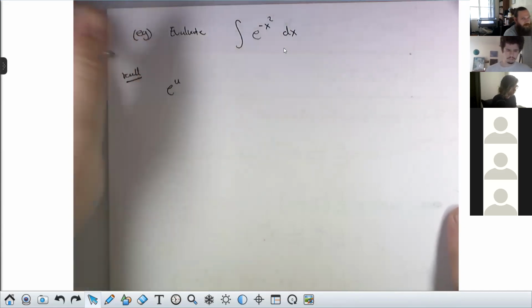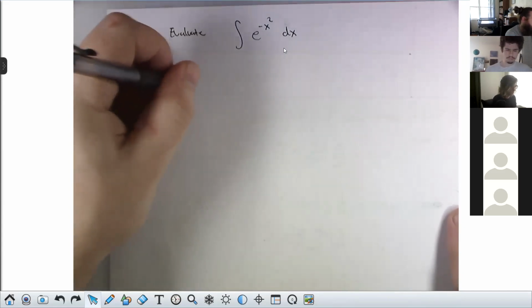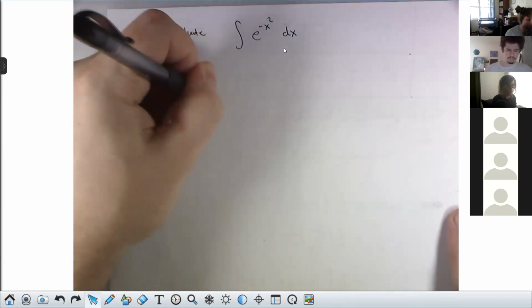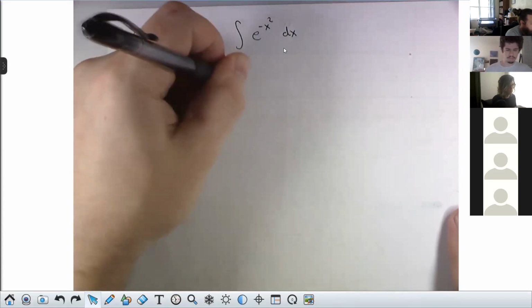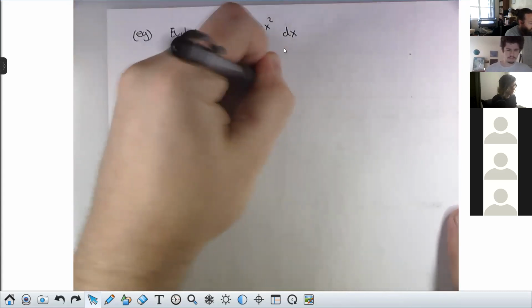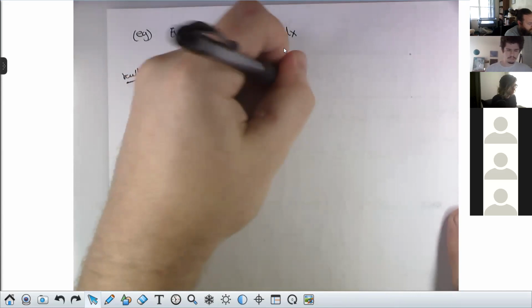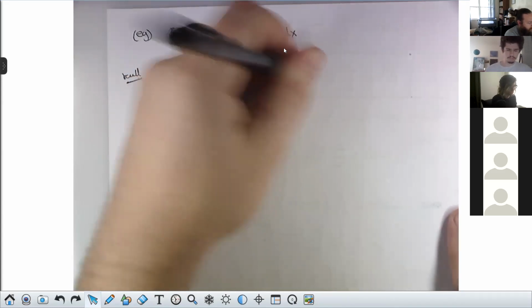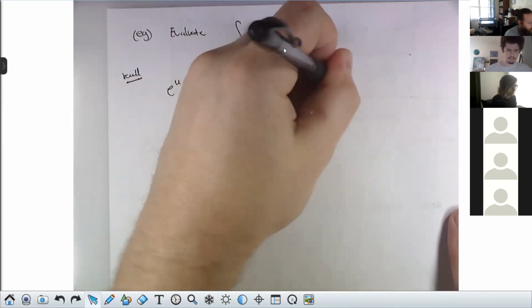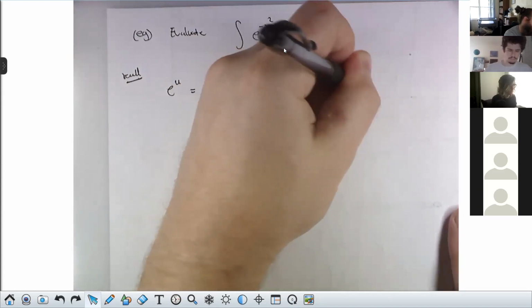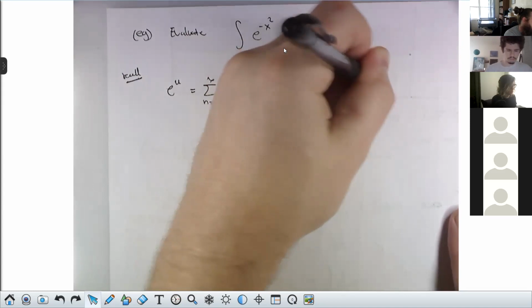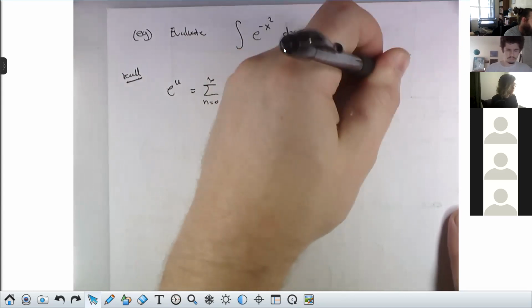So we recall that e to the u is the sum from n equals 0 to infinity of 1 over n factorial times u to the n, which means e to the negative x squared, you just plug in negative x squared for u, is the sum from n equals 0 to infinity of 1 over n factorial, negative x squared to the n.